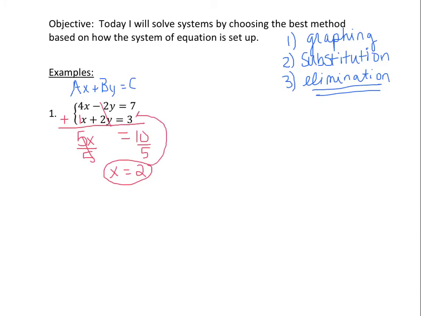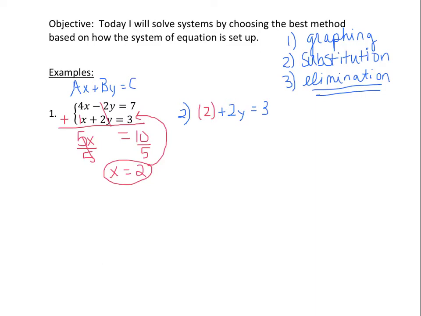Okay, let's take that x and substitute it into one of the equations. Now I'm going to choose equation 2 only because it has some smaller numbers. So equation 2, you're going to take the x value of 2 and plug it in for x. So for x I'm going to put in a 2, and then it says plus 2y, and that equals 3. So let's go ahead and solve for y.